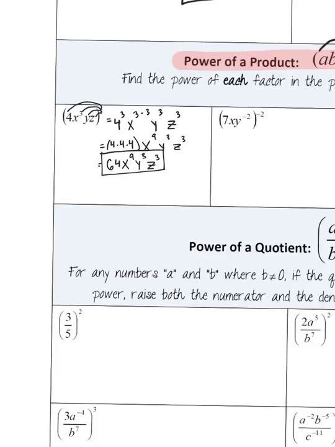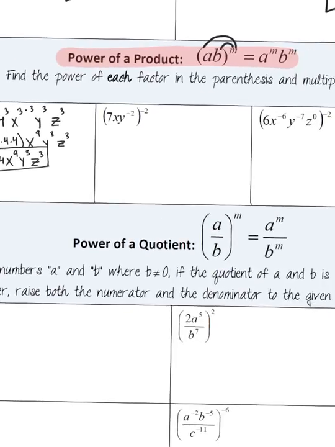Let's try another one. So we've got 7 to the xy to the negative 2, and all that's being raised to the negative 2. So this negative 2 is going to get applied to every term that's in here. So this is going to be 7 to the negative 2, x to the negative 2. Be careful on the y.